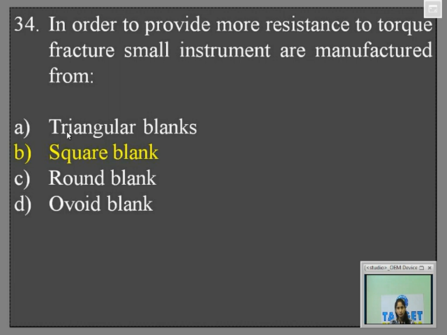Then what will be the cutting motion? Reamers are always used in a cutting motion of PRR, that is penetrate, rotate and retract. Are you writing this? Penetrate, PRR is the motion for your reamers. Okay, that is penetrate, rotate and retract.